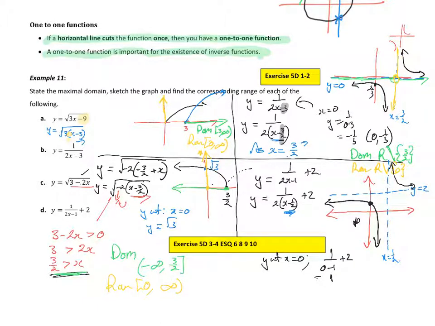I want to find the x-intercept just to confirm. Put y equal to 0. I get 0 equals 1 over 2x minus 1, plus 2. So negative 2 is equal to 1 over 2x minus 1. Multiply, and then divide.